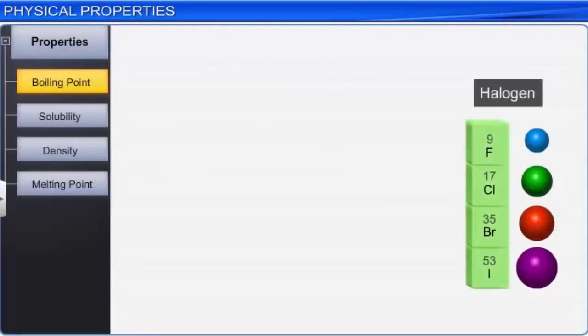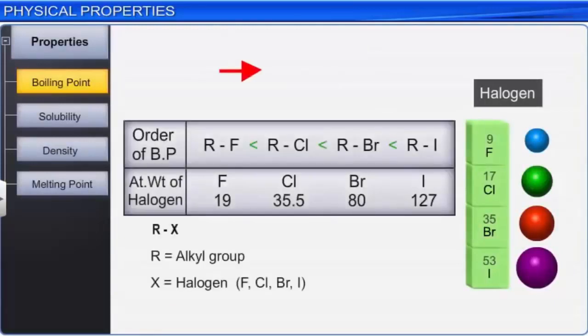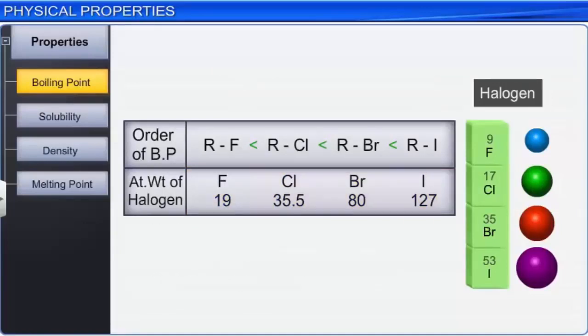For a given alkyl group, the boiling point increases with increasing atomic weight of the halogen. This is due to an increase in the magnitude of van der Waals forces of attraction with an increase in size and mass of the halogen atom.